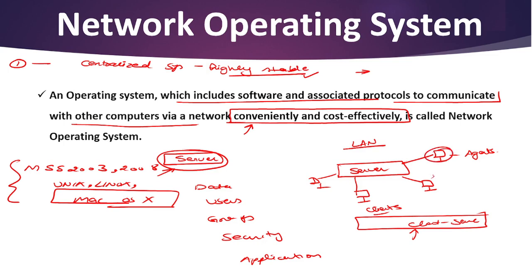All these computers are connected to the server, and the responsibility of security is based on the server architecture. Also, remote access to the server is possible because different locations and types of systems are used. So all these are some advantages and disadvantages of using network operating system that are very important for every examination.